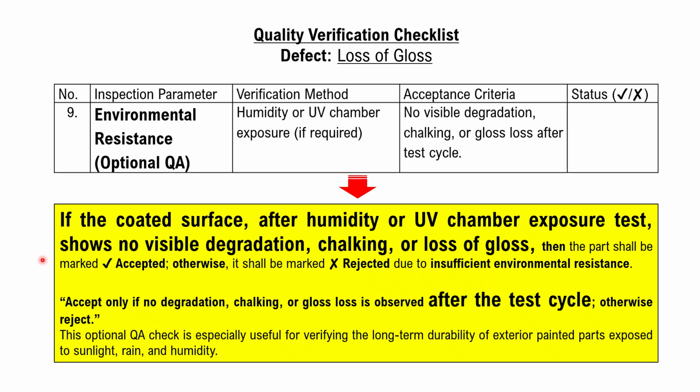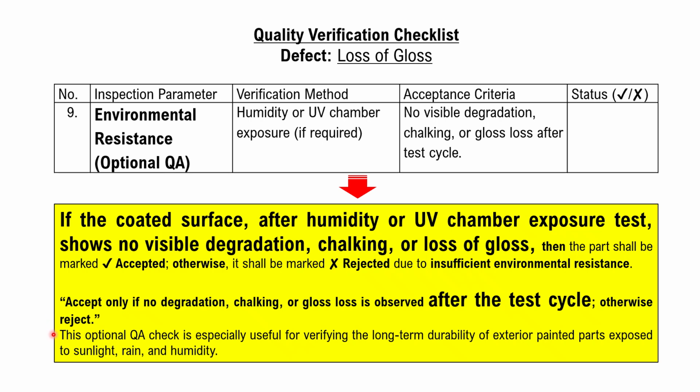Otherwise, it shall be marked as rejected due to insufficient environmental resistance characteristics. Hence, accept the part only if no degradation, chalking, or gloss loss is observed after the test cycle. Otherwise, the part is rejected.